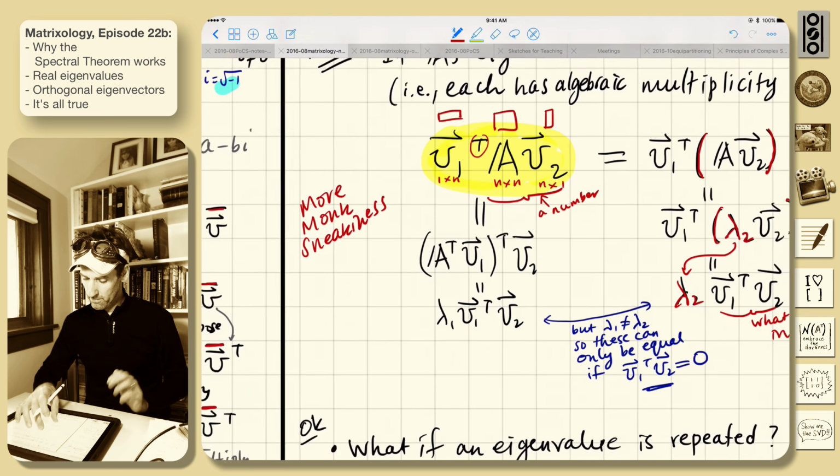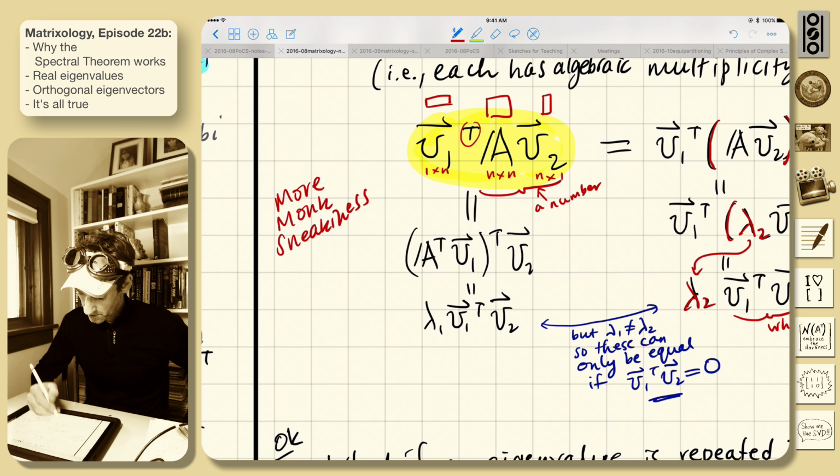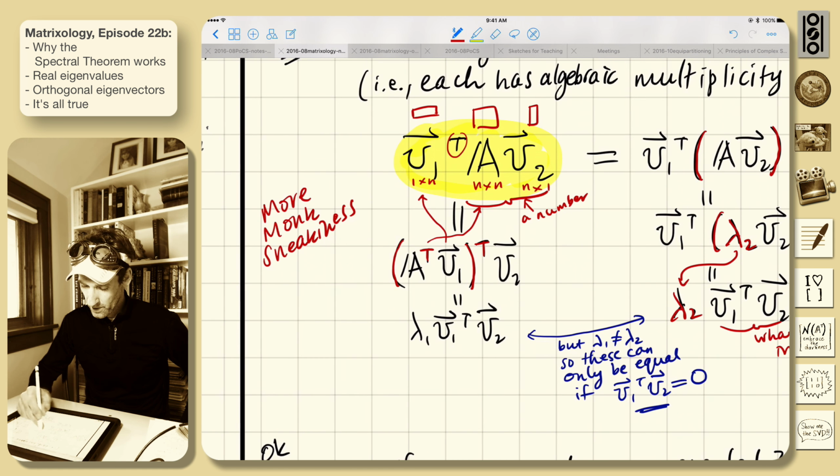Yes, this is 1 and 2. Obviously, it could be i and j. That's no problem. There's a transpose here, so we could cordon these things off in this direction. So we'll do that this way, right? Look at this goodness. So this would undo itself. So A transpose would be this piece, using the transpose rule, and V1 transpose would be on the left.